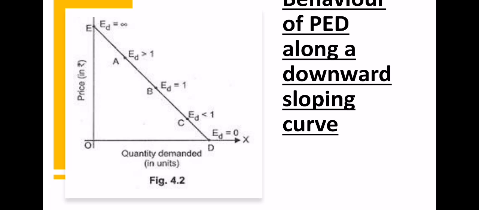Between the center and the 0 point, elasticity of demand is less than 1, and between the center and the point where quantity demanded is 0, elasticity of demand is greater than 1. Now you have to remember this. This is because the slope of the curve changes as it moves downwards.